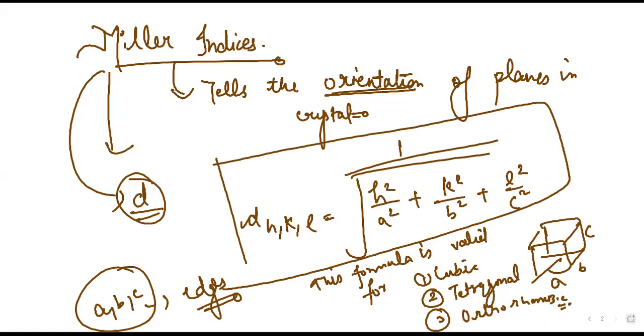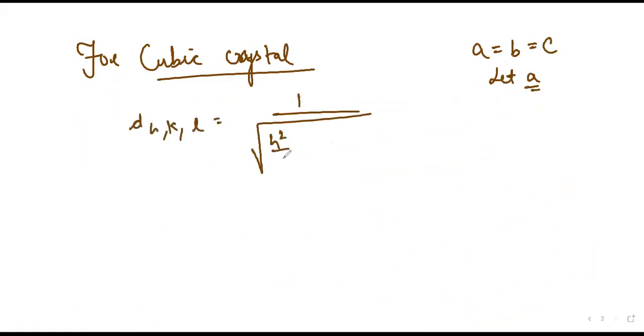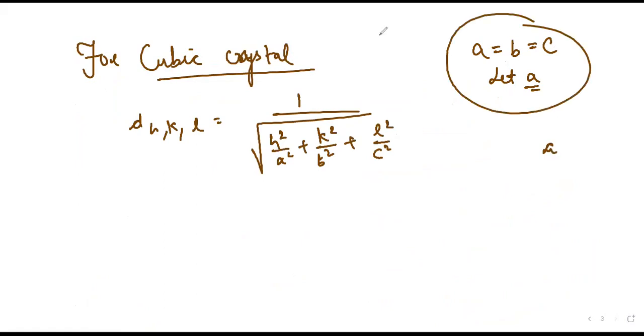And one very interesting formula, whenever it comes in the exam: for a cubic crystal, all sides are equal, that means a equal to b equal to c. Suppose it will be equal to a. The formula for interplanar spacing will be 1 over the square root of h square over a square plus k square over b square plus l square over c square. Here a is equal to b equal to c, suppose all equal to a.